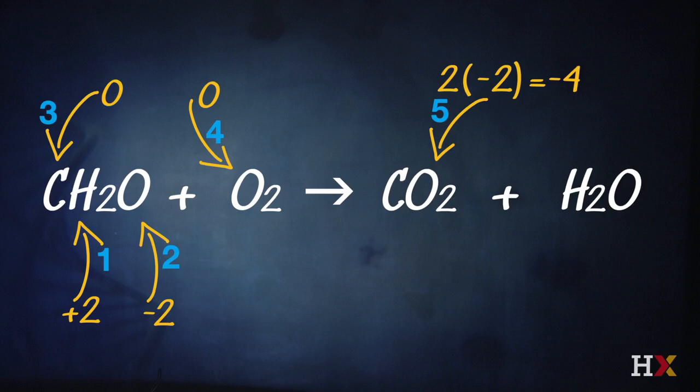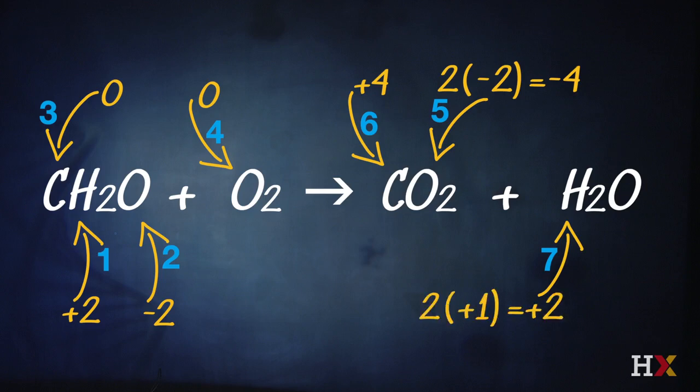But that immediately solves our step 6 because those electrons are conserved, so we've got a +4 on the carbon. So step 7 is to address the hydrogen part of water. Hydrogen has an oxidation state of +1, summed together is +2, and finally step 8, the oxidation state of oxygen is -2.